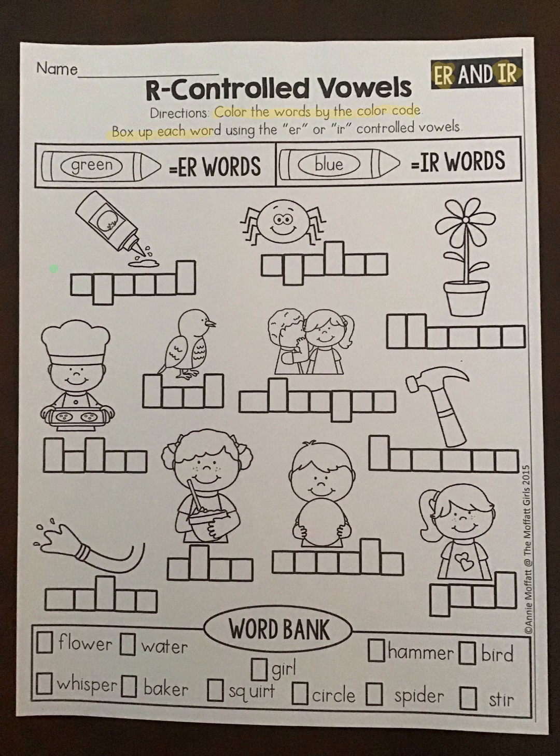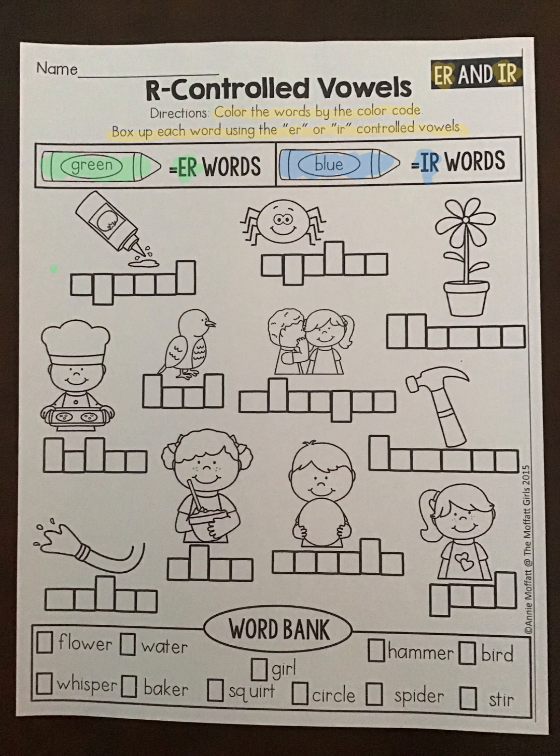Box up each word using the ER or IR controlled vowels. We are going to color green for ER words, and we're going to use blue for IR words.